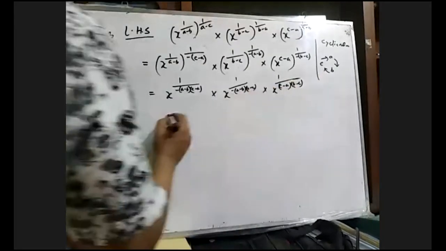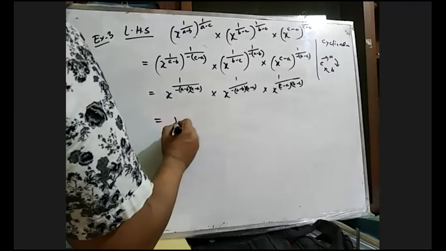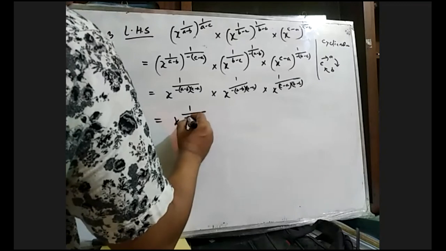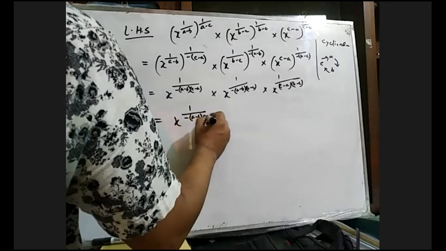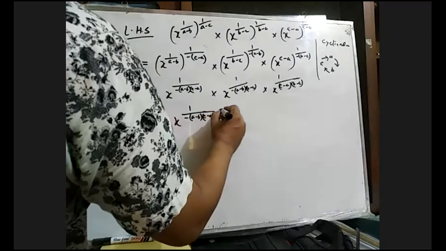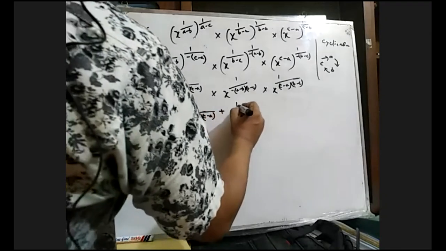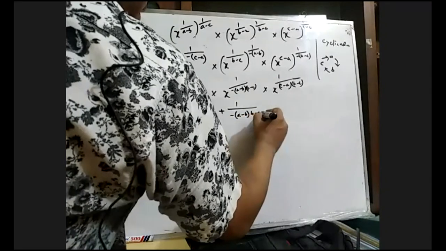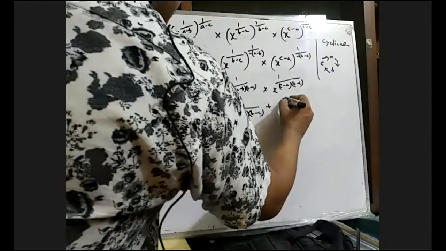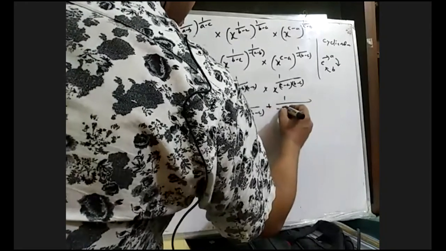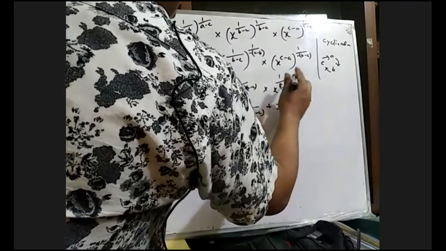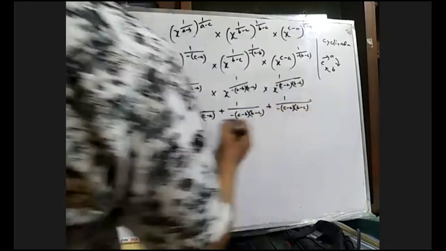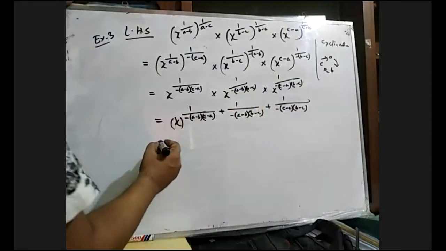Okay, now the base is the same, so the powers will be added. 1 divided by minus (a minus b)(c minus a) plus 1 divided by minus (a minus b)(b minus c) plus 1 divided by (c minus a)(b minus c), and this is the whole power, remember it.